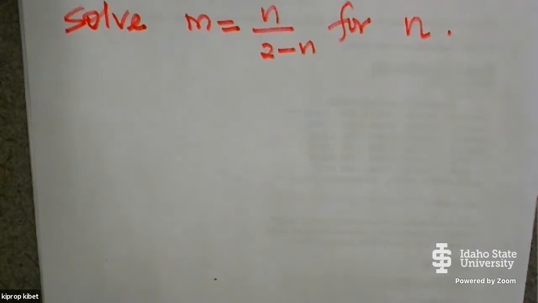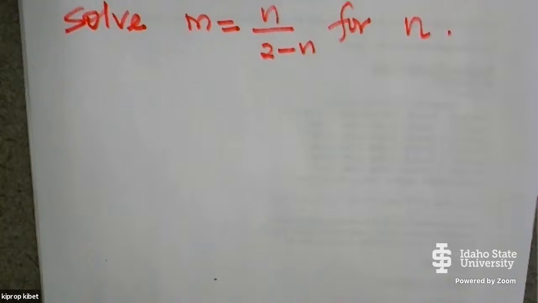So m equals n all over 2 minus n, for n. So here you need to make n the what? The subject. So again, you cannot solve this one the way we did the other one. So what do you do here? You multiply by the what?